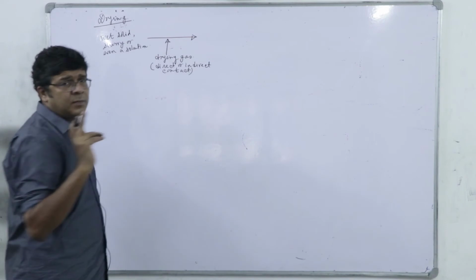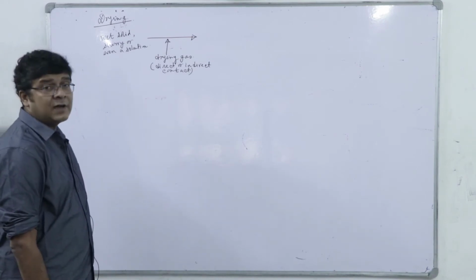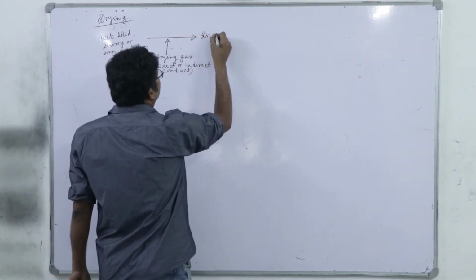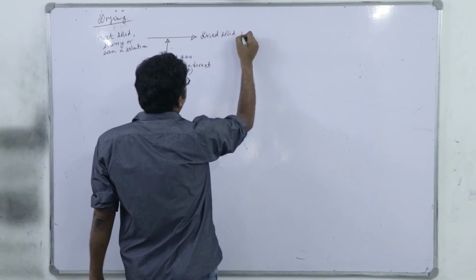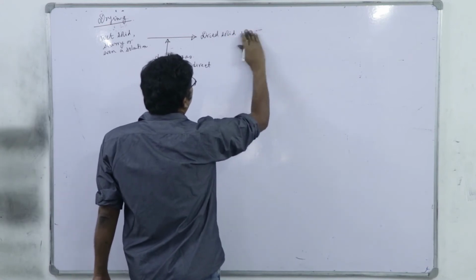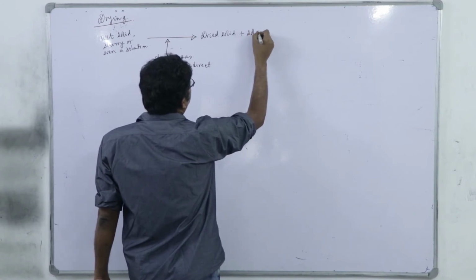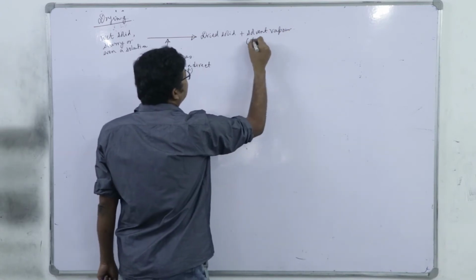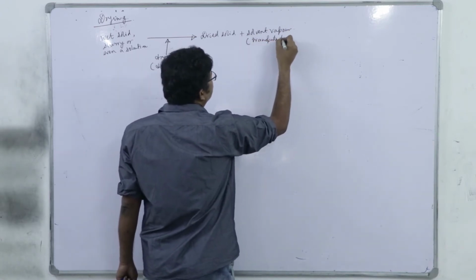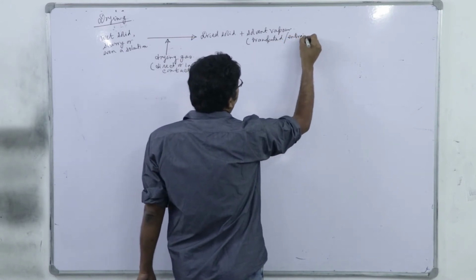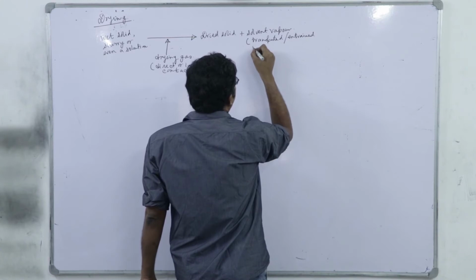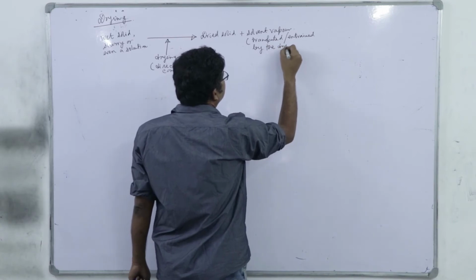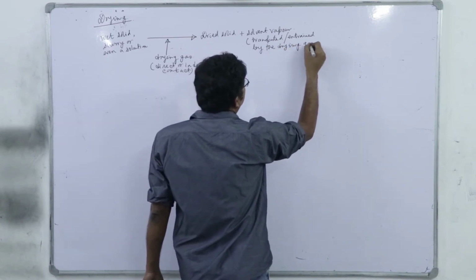Right, and it must produce what? A dried solid. Okay. It must produce a dried solid and solvent vapor, mostly water, and the solvent vapor is transported or entrained by the drying gas stream.